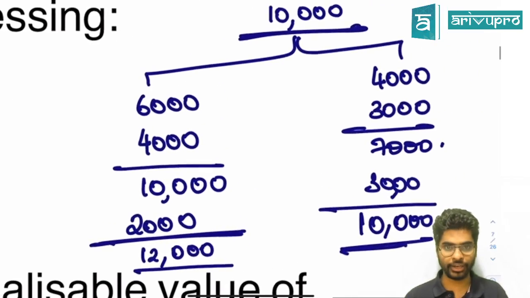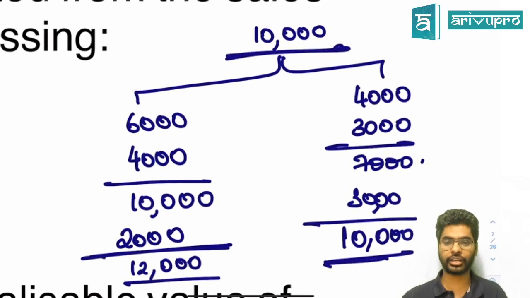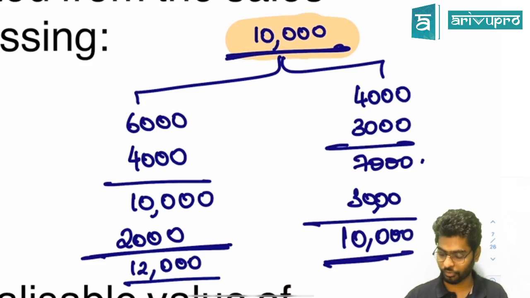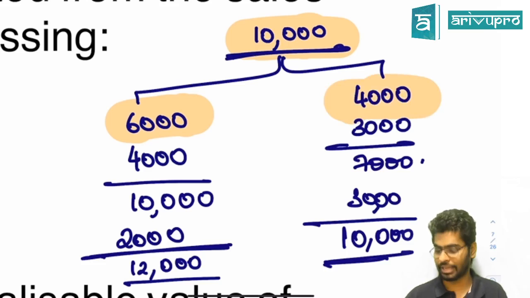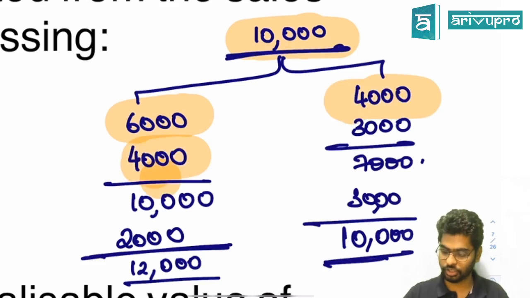Did you understand this entire split I have done? Basically you have one common cost which gets split into two products, and then you incur additional cost.